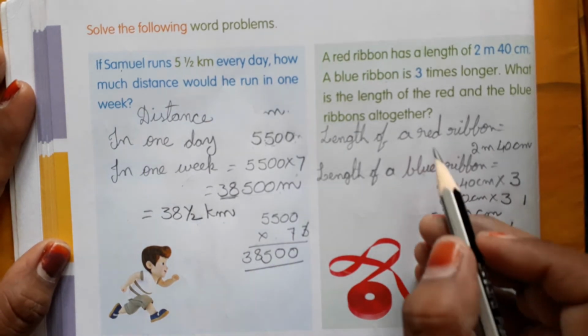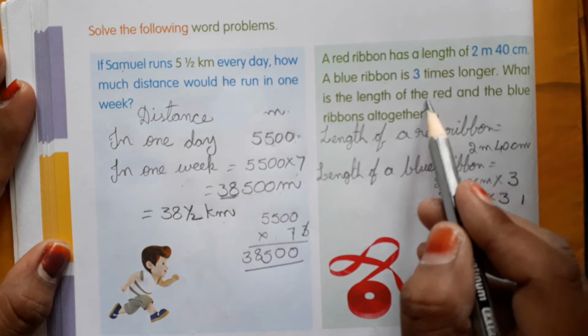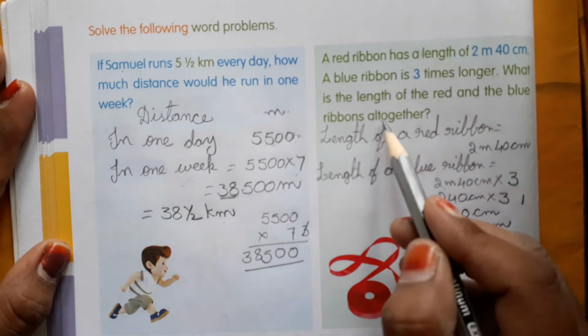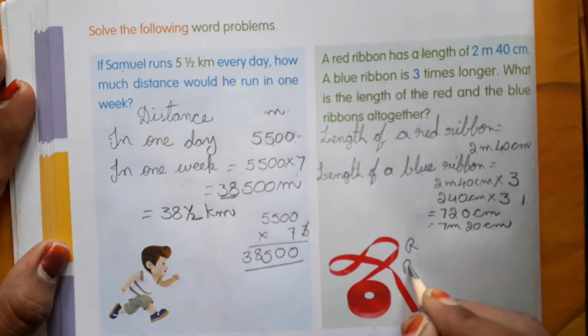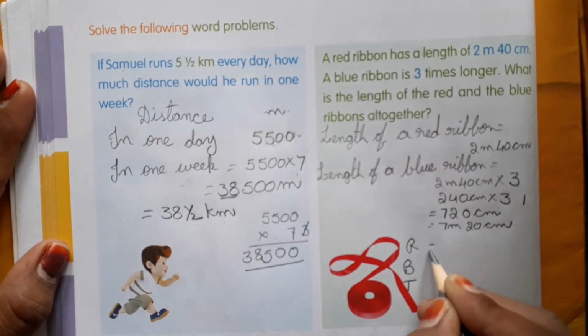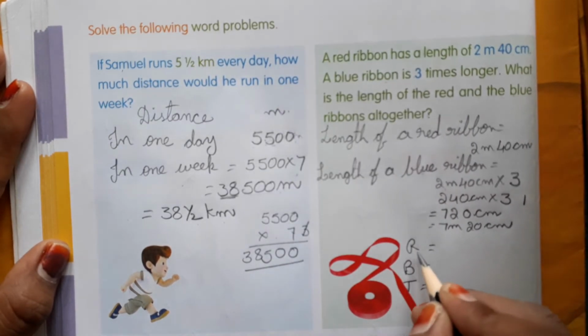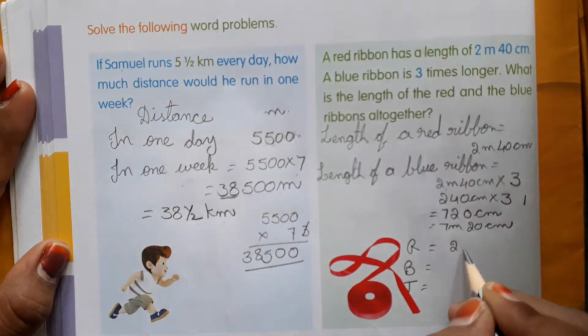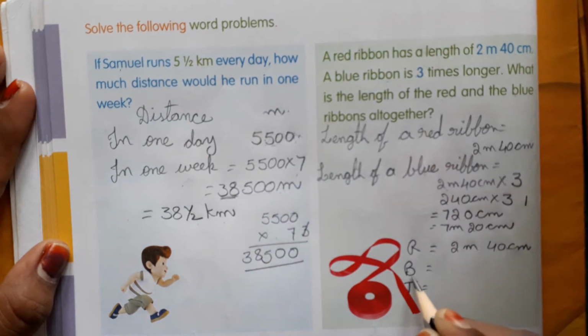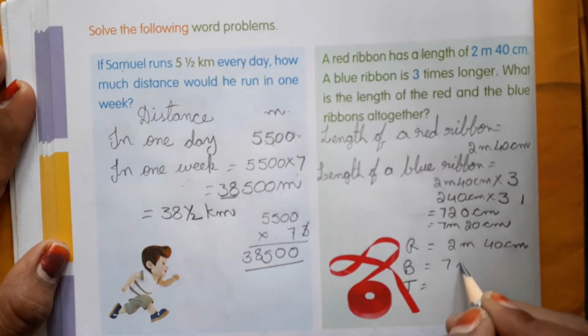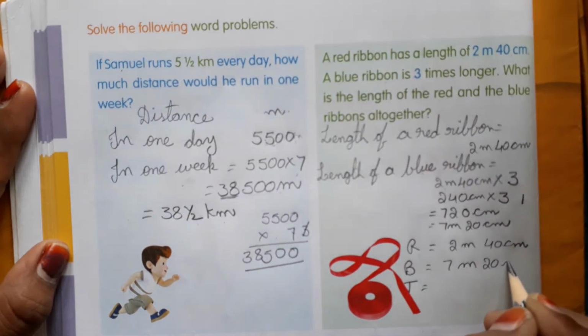Now, they are asking what is the total length of the red ribbon and the blue ribbon. What is the length of the red ribbon? 2 meters 40 centimeters. And what is the length of the blue ribbon? 7 meters 20 centimeters.